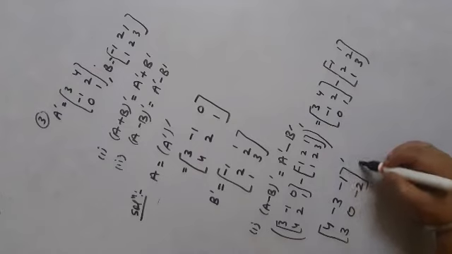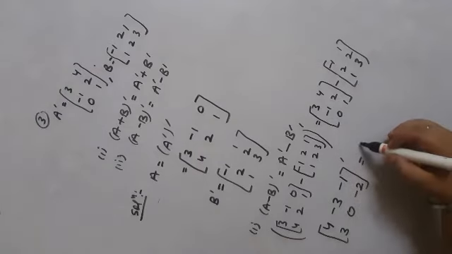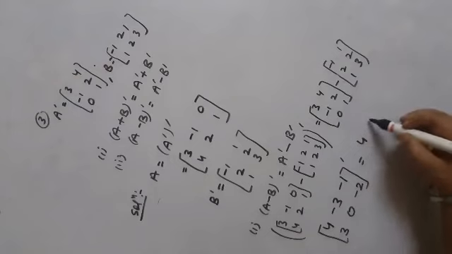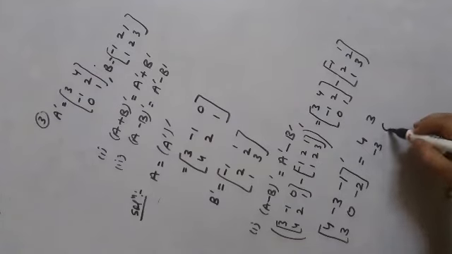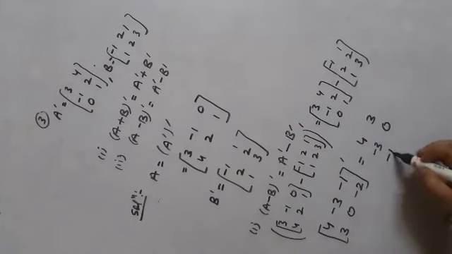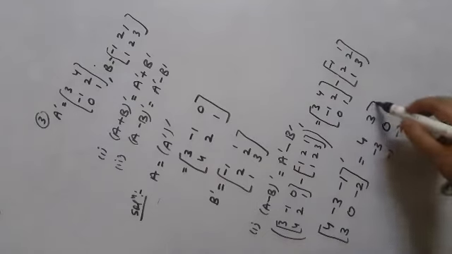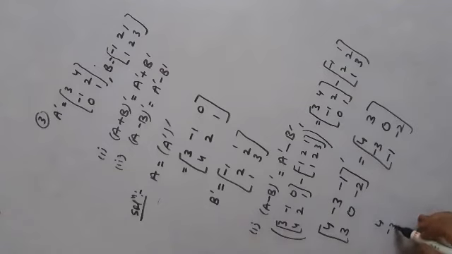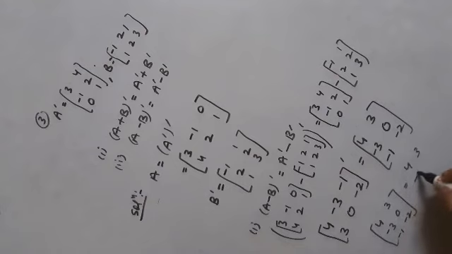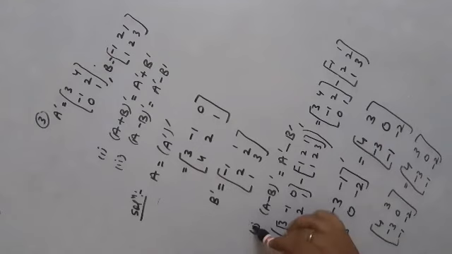Then the transpose of this matrix is 4 minus 3 minus 1, 3, 0 minus 2, which equals 4, 3 minus 3, 0 minus 1 minus 2. LHS equals RHS, hence it is verified.